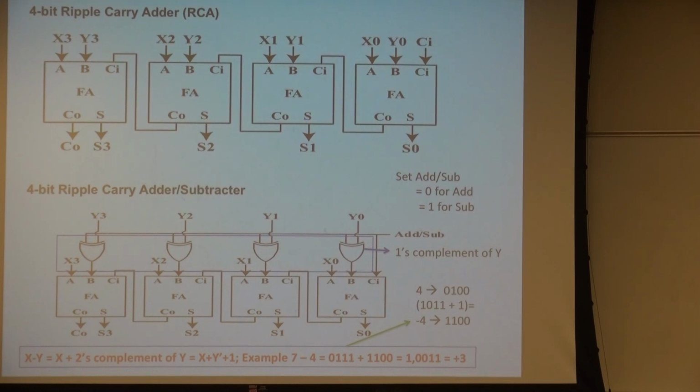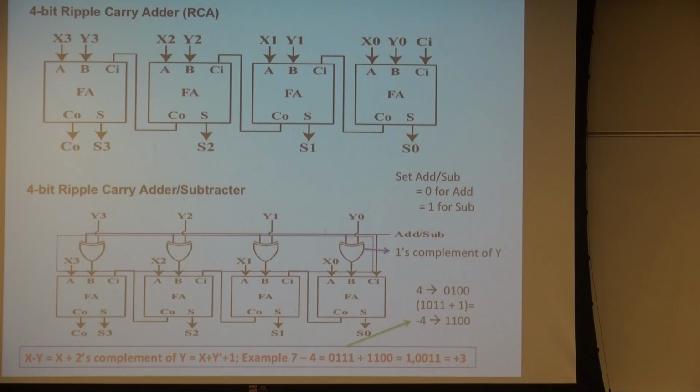So that's the addition. What about subtraction? The good thing about digital or Boolean computing is that we can do all different operations with this block, the full adder. We can do subtraction, multiplication, division. Only thing is that you'll have to do it cleverly.